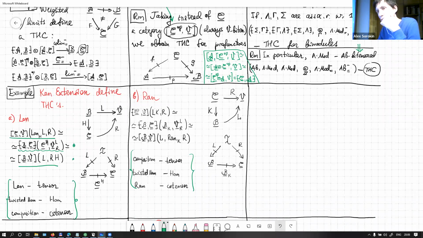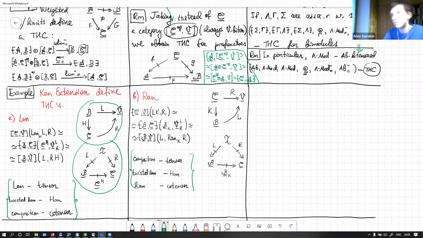But among these two guys, who is tensor and who is cotensor? To know this, we need to think a little deeper, that this picture that I just drew here can be made in a picture for functors.